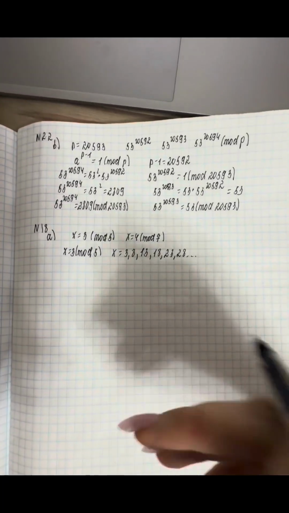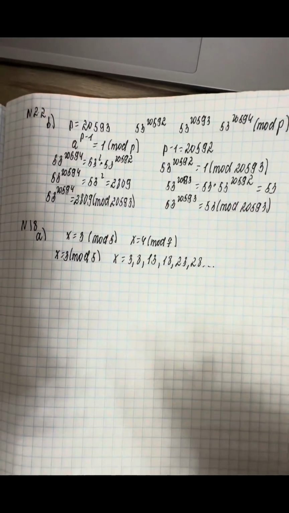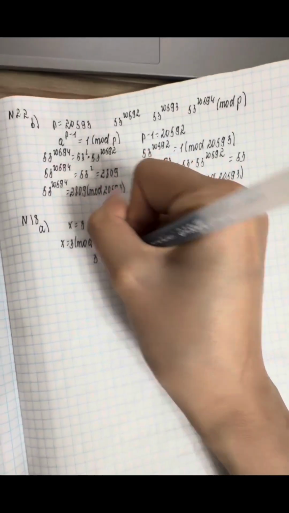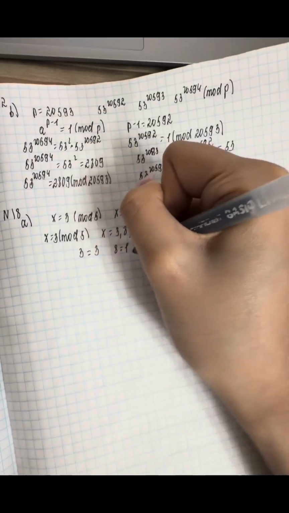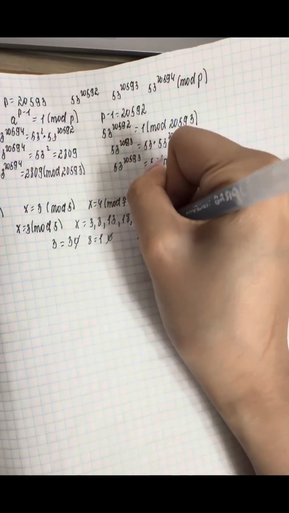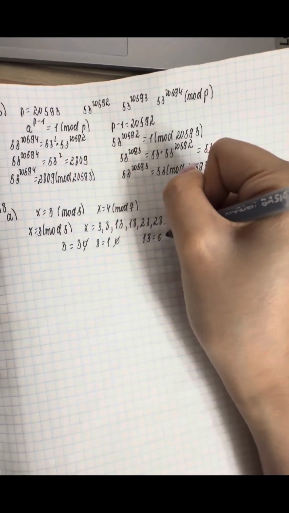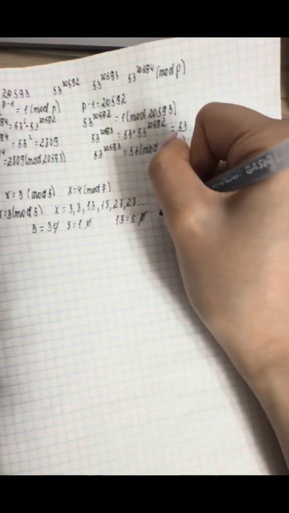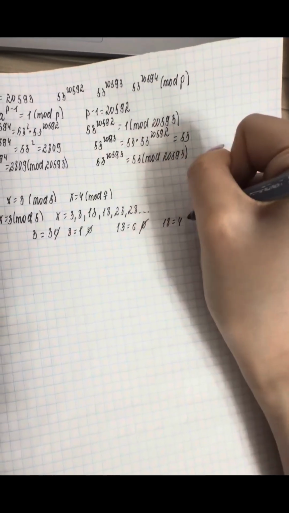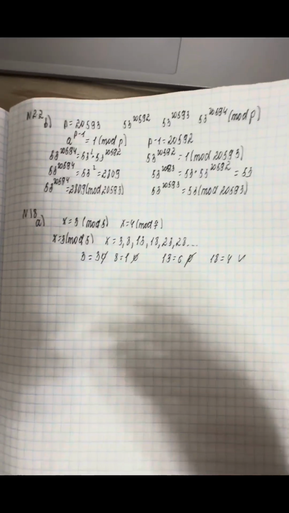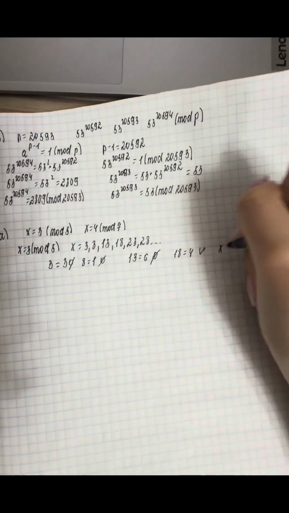Now I check which of these numbers is congruent to 4 modulo 7. 3 is not, 8 is not, 13 is 6, no, and 18 is 4, yes. The smallest number that satisfies both congruences is 18, x equal to 18.